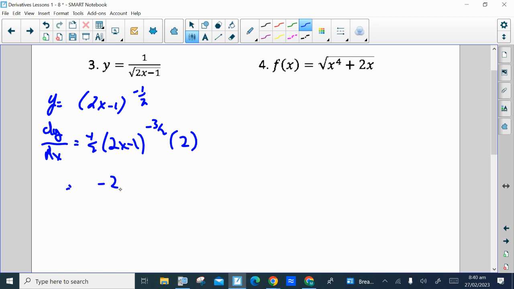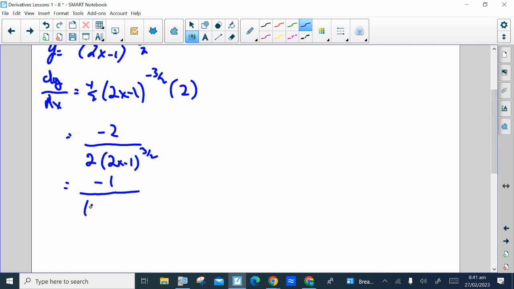So you'll get negative 2 over, and the bottom also has a 2 times 2x minus 1 to the positive 3/2. And the 2's would cancel here, so we would get negative 1 over 2x minus 1 to the positive 3/2. And there's your derivative.